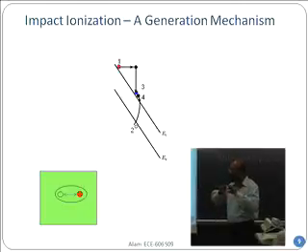Do you remember that generally we draw the EC and EV flat? But as soon as we put a battery on it, I showed you before that it changes the potential, and therefore the conduction and valence bands will change. So what I'm showing here is an extreme electric field.